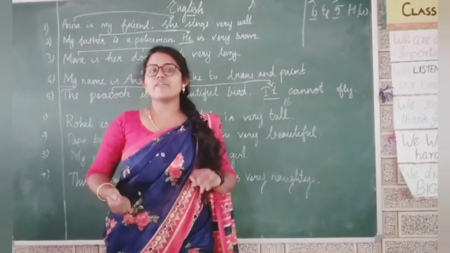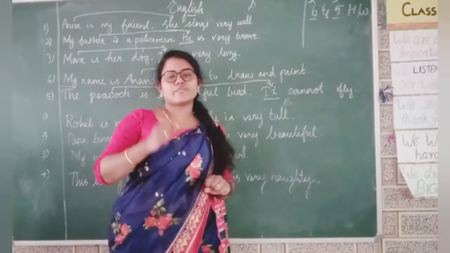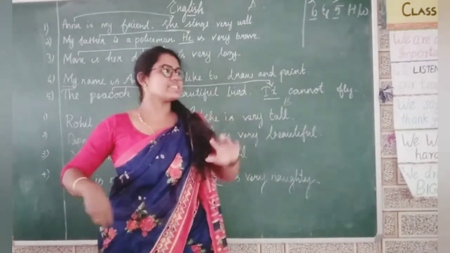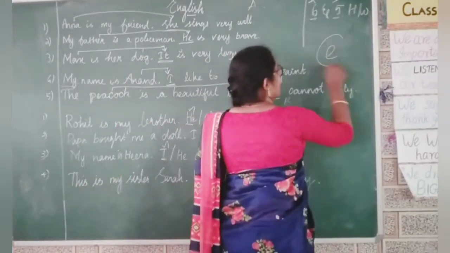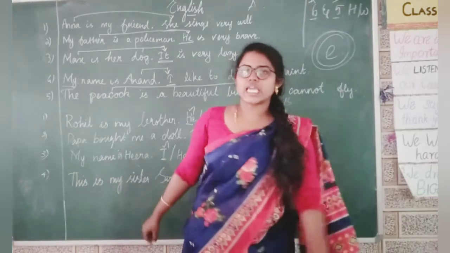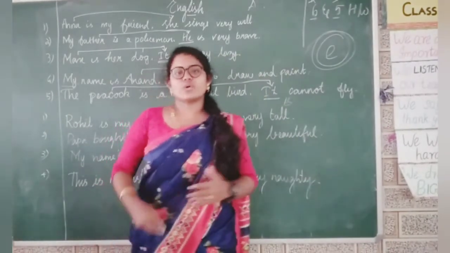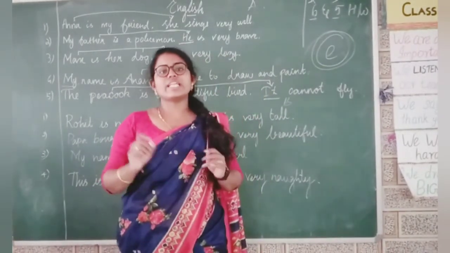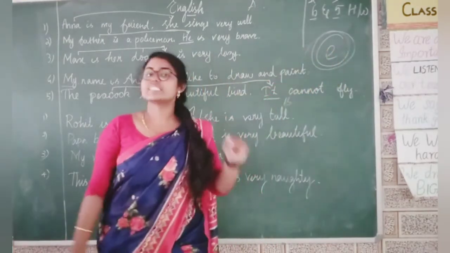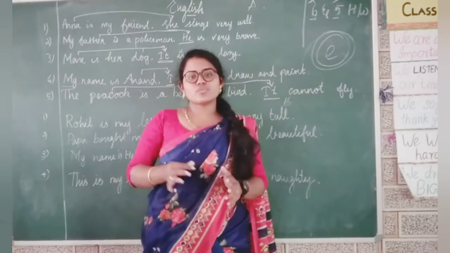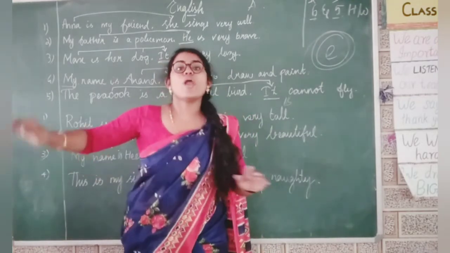Next we are having sound practice that you can do from your home. The sound practice is only about the letter E. E. You can see feet. So E sound. Not the letters, about the sound E. That is short vowel sound and long vowel sound.